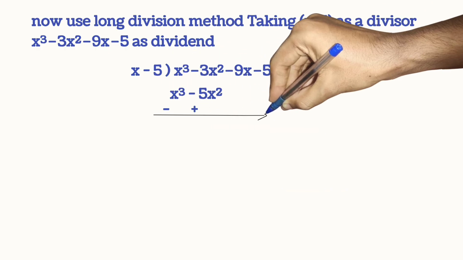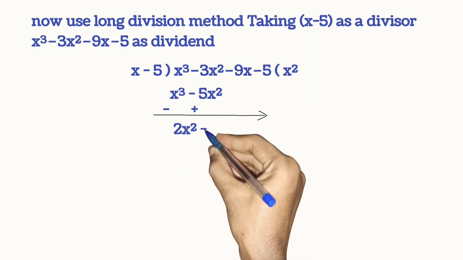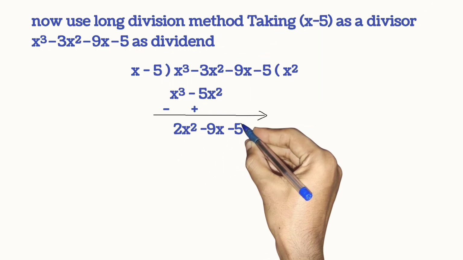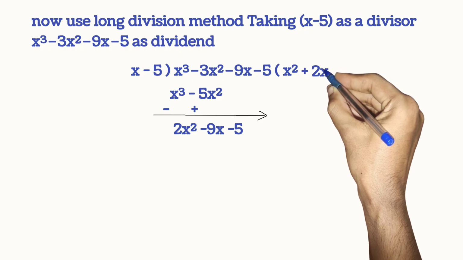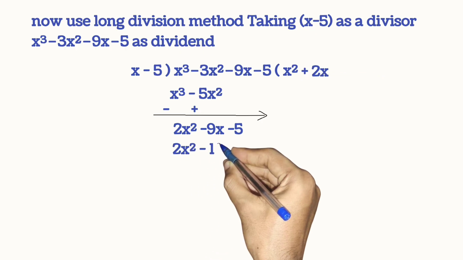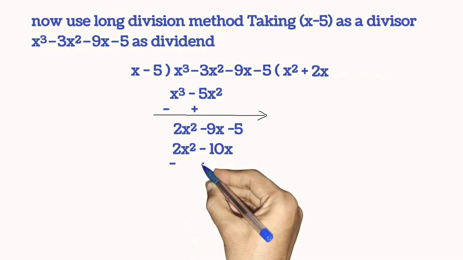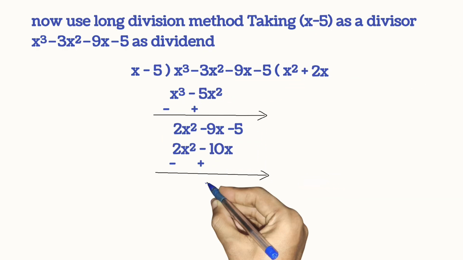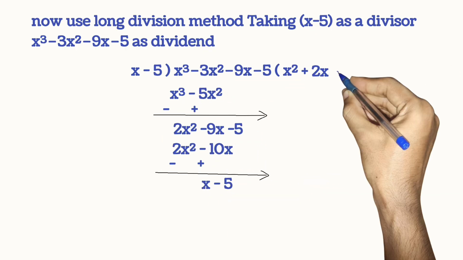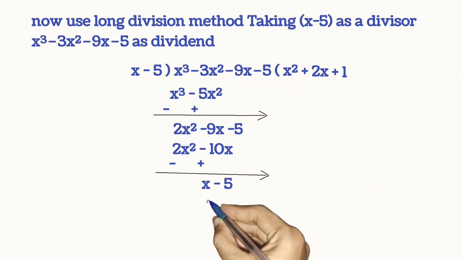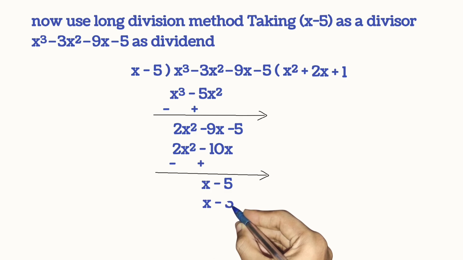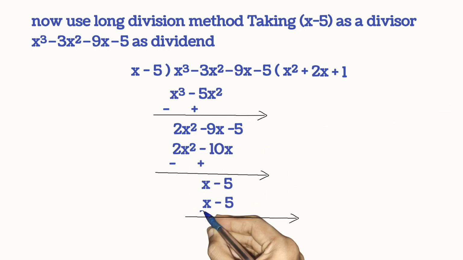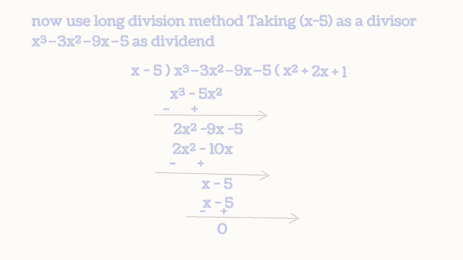Then after subtraction, we get 2x squared minus 9x minus 5. Now with plus 2x, we get 2x squared minus 10x. During subtraction, again the sign will change, and then we get x minus 5. Now with plus 1, we get x minus 5, and after subtraction, the sign will change, and we get 0 as a remainder.